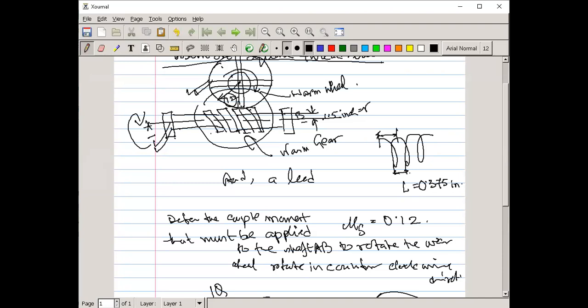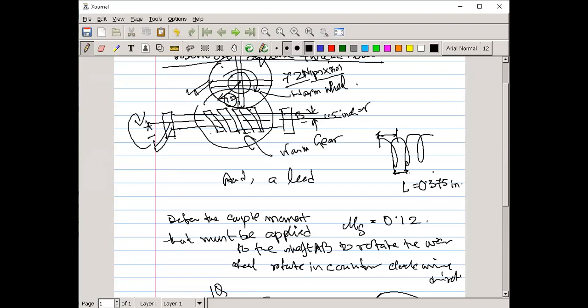So the minimum requirement for that is the work done required to apply that moment, that is actually 7.2 kips into inch.